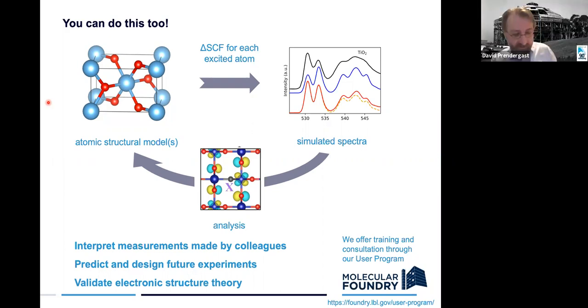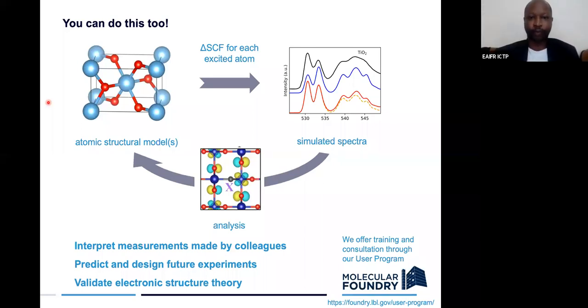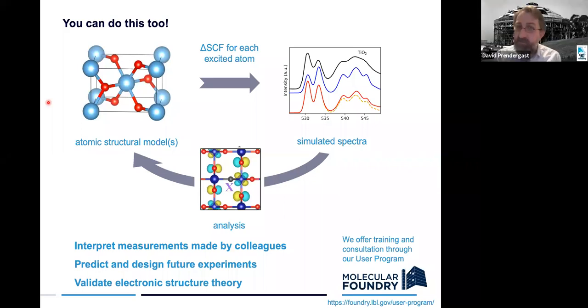Okay, great questions. Let's take the first part. You notice something very important here, which is that the delta SCF approach is actually really good in the sense that for these core excitations, a static approximation for their impact on the electronic structure is actually pretty reliable. And to be very fair, it is taking Fermi's golden rule to its most literal interpretation.